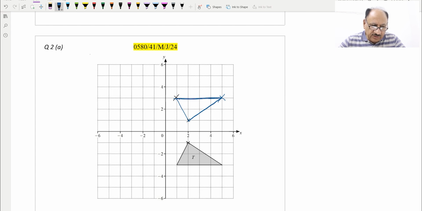after translation by vector -5 and -2. So -5, -2, we can check, this will be moving -5. So 1, 2, 3, 4, 5 units, and then -2 will be 2 units down. So 1, 2, so we will reach here.